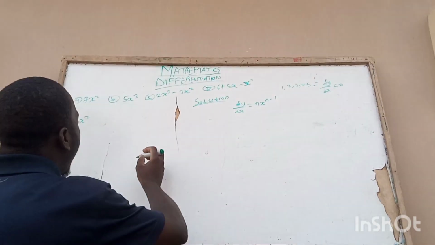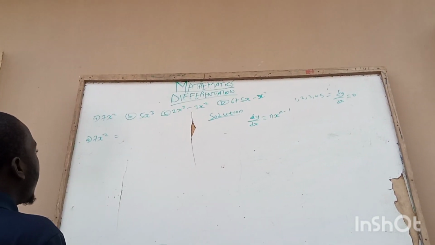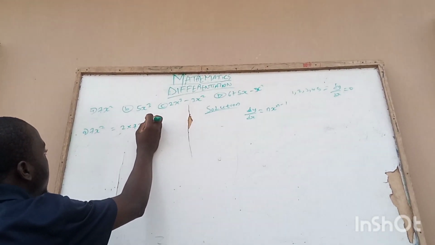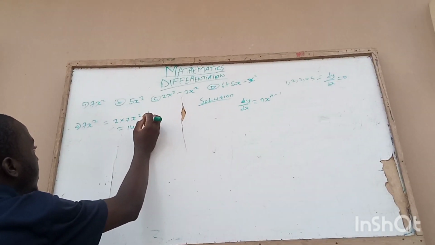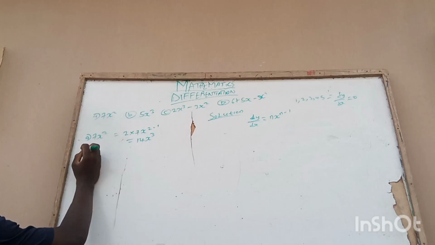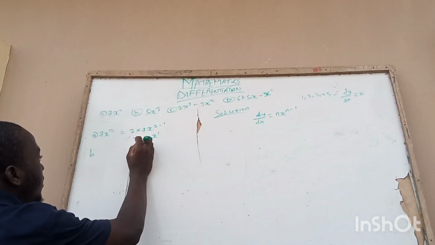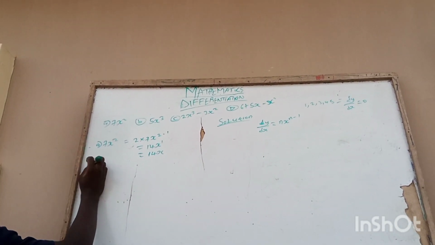So we have 2 times 7 x raised to power 2 minus 1, which is 14x raised to power 1. That's the answer for the first question. 2 minus 1, we have 1. So the answer is 14x.